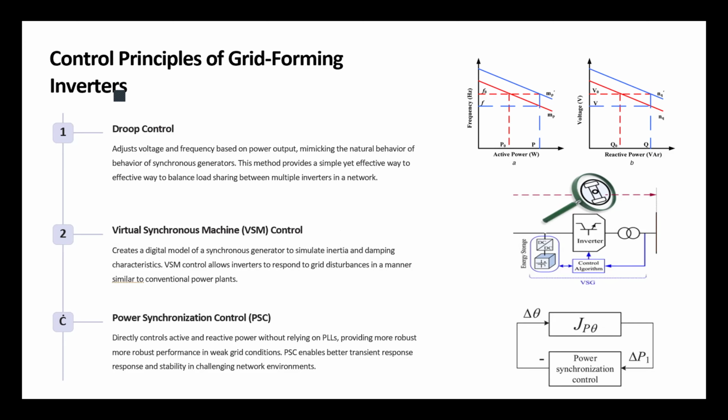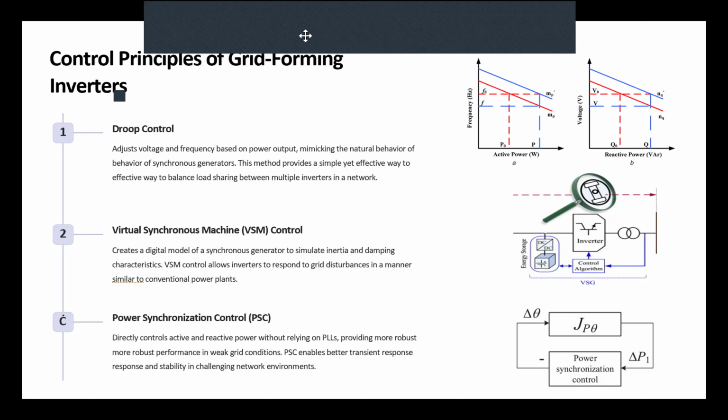Now, since one of the biggest differentiation between the grid following and grid forming, let me ask you that. Based on the definition that so far we discussed and compare the grid forming and grid following, in the control system, what's your suggestion of one of the biggest difference between control in a grid following and grid forming? Any suggestion?